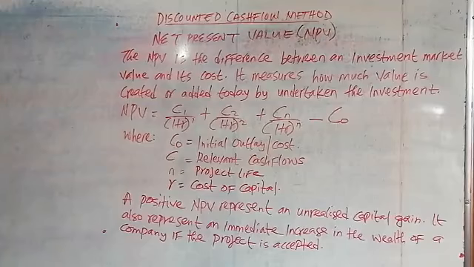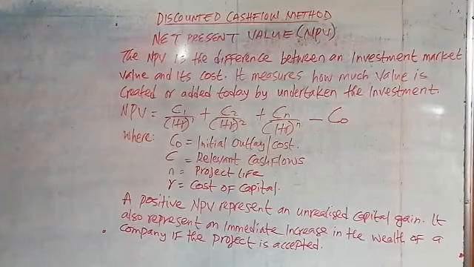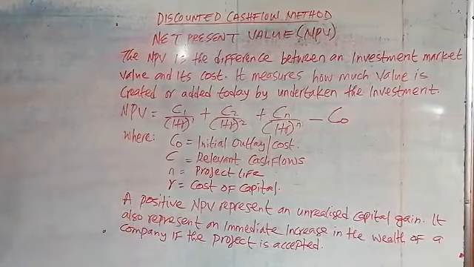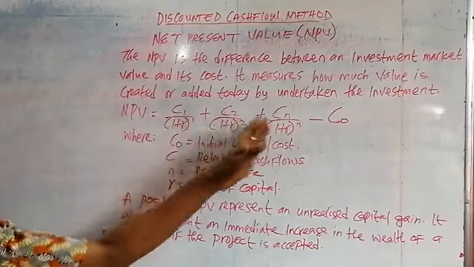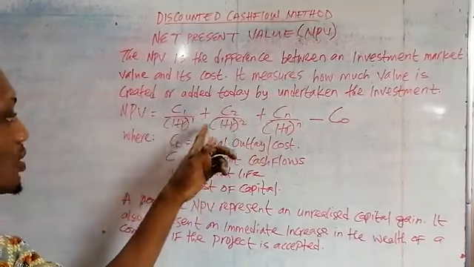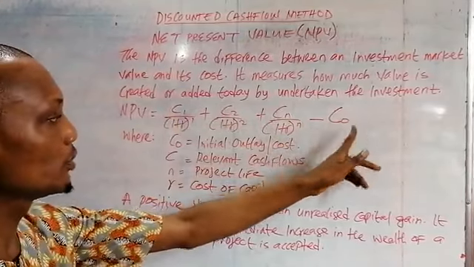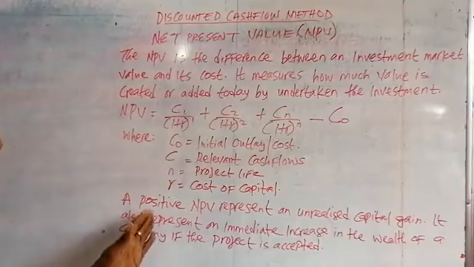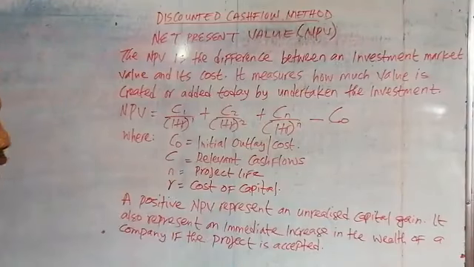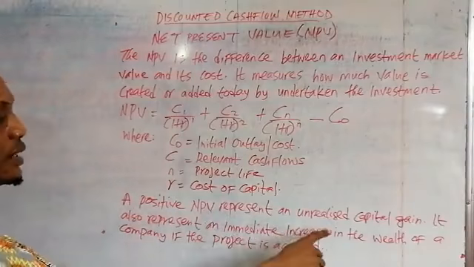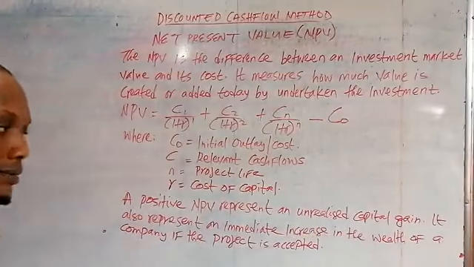Therefore, for you to make a decision, a positive NPV represents an unrealized capital gain. After you have accumulated your inflow, you subtract your outflow from it. If you have a positive NPV, it represents an unrealized capital gain.